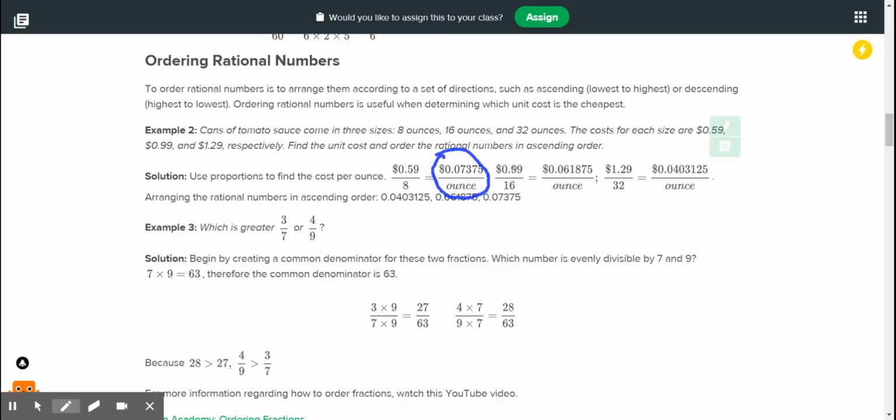Now I'm going to do the same thing with my 16 ounces, and my 16 ounces cost 99 cents. So I've got my 99, I'm going to divide it by 16, then I get 0.061875 per ounce. We can just assume there is a 1 there.